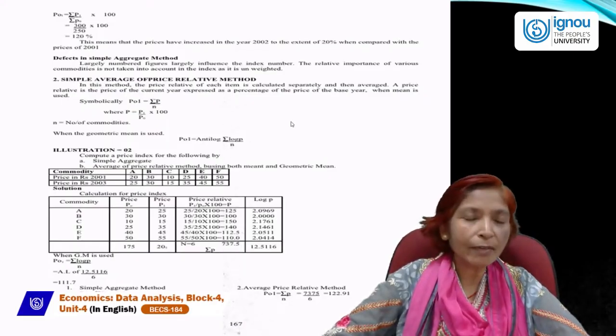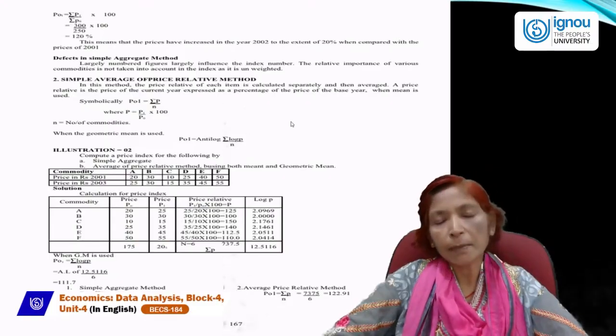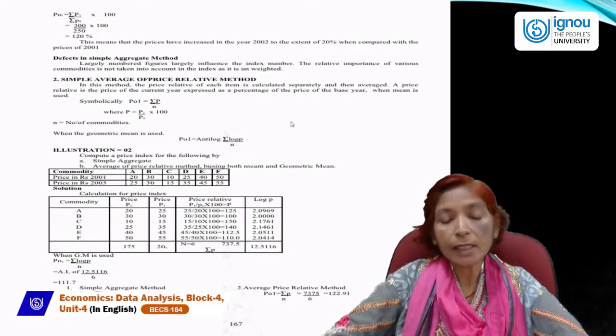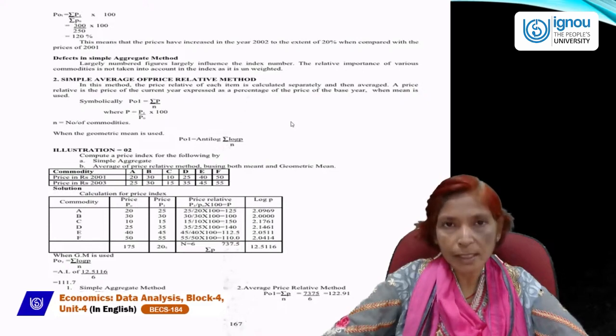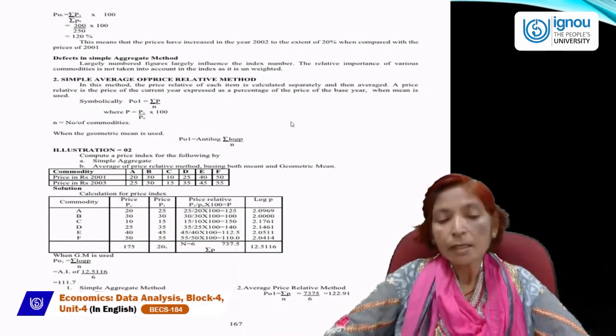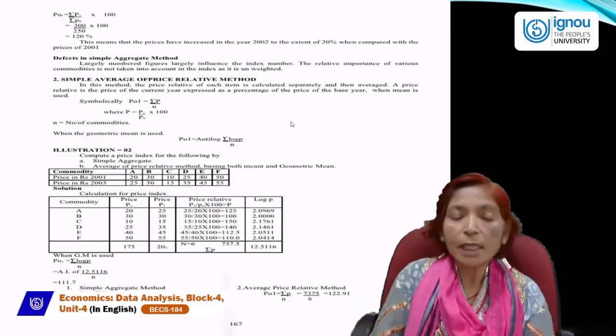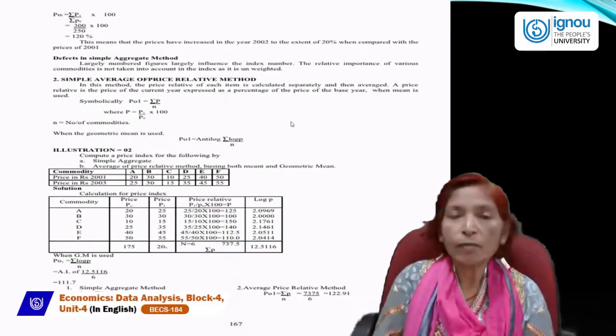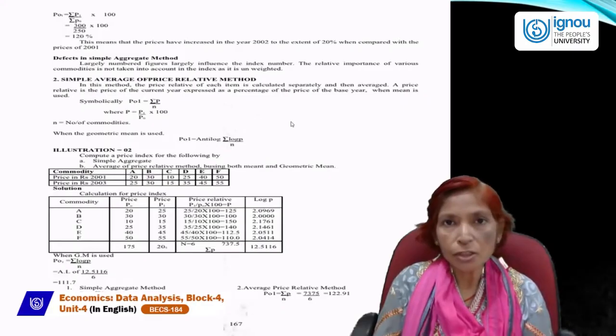So 205 divided by 175 multiplied by 100 is 117.14%. It is higher than 100%. How much increase is this? 17.14. It indicates that there is an increase in economic activity.